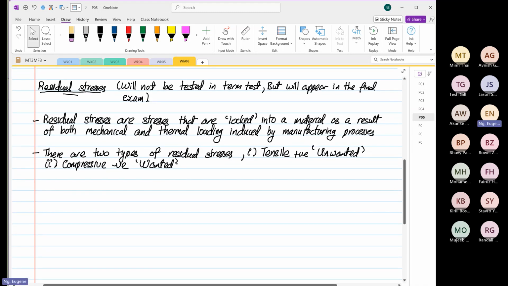So let's talk about the tensile residual stresses. So it is the positive one, and we call it the unwanted one.